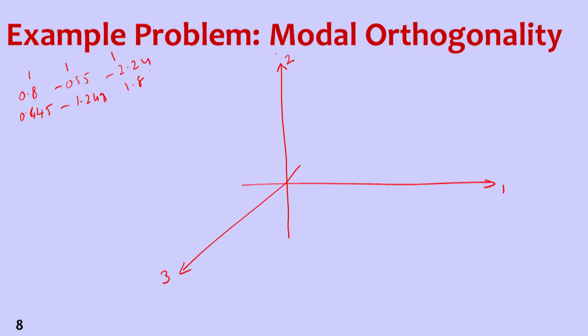Now let us plot the first mode. The first coordinate value, that is the top one, is 1. So let us put 1. The second coordinate is 0.8, so in the second coordinate let us go to 0.8. The third coordinate is 0.445, all positive values. So we need to draw a line.